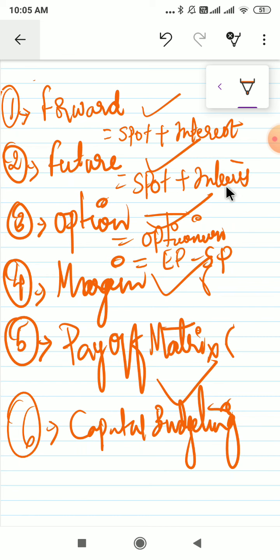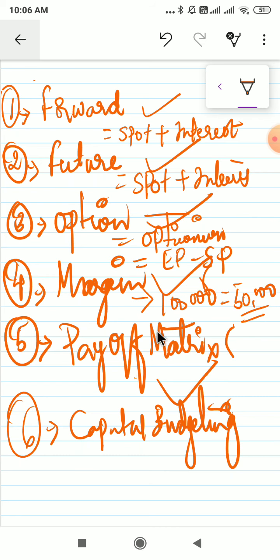Now what is margin money? As I told you in my previous class, suppose you are contracting for 1 lakh rupees and the broker asks for 50% of that, which means you have to deposit 50,000 rupees with that person. That is called margin money. Now what is the payoff matrix?